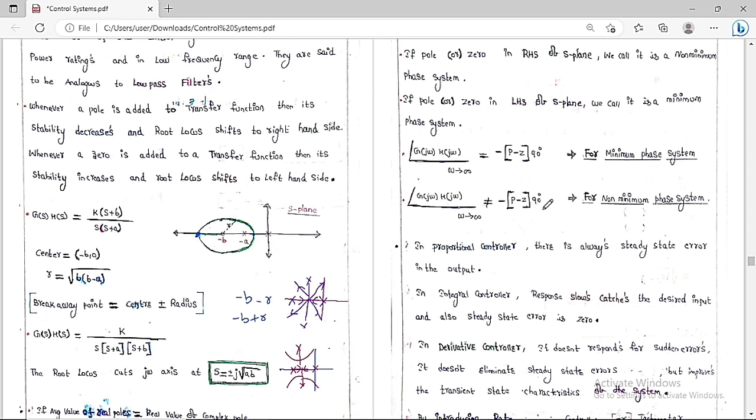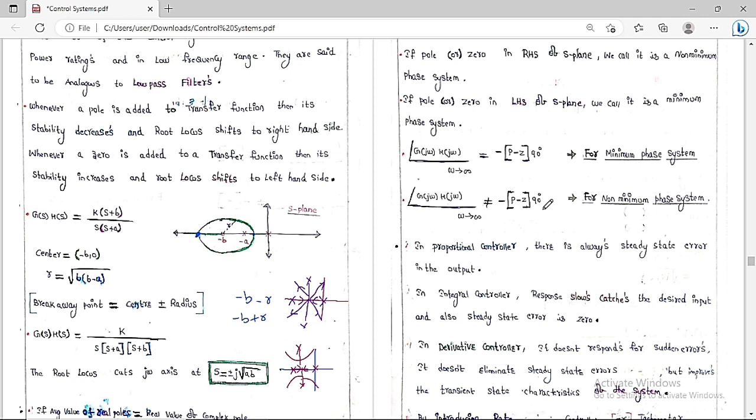So this one you always have to keep in mind. For a minimum phase system, the phase angle of G(s)H(s) as omega tends to infinity is always equal to minus (P minus Z) into 90 degrees.